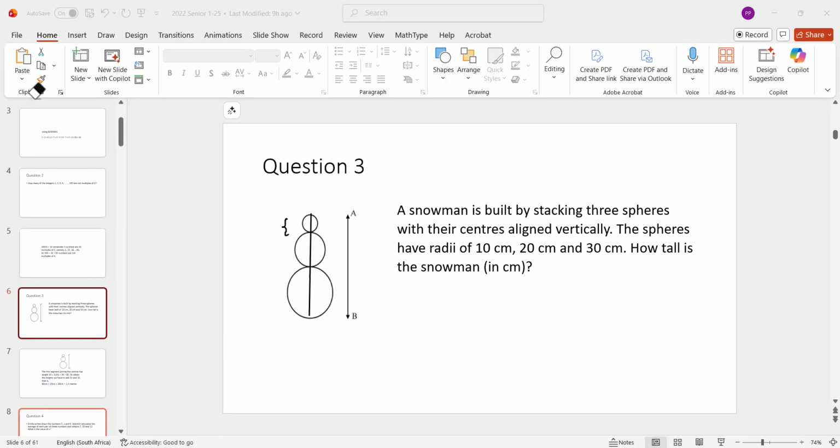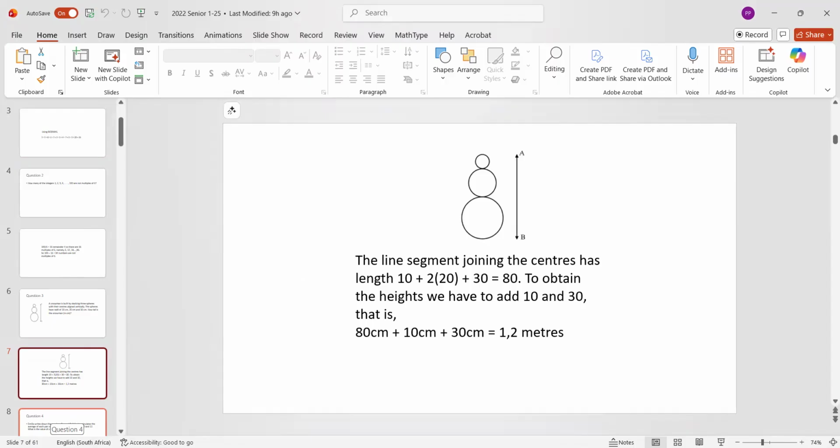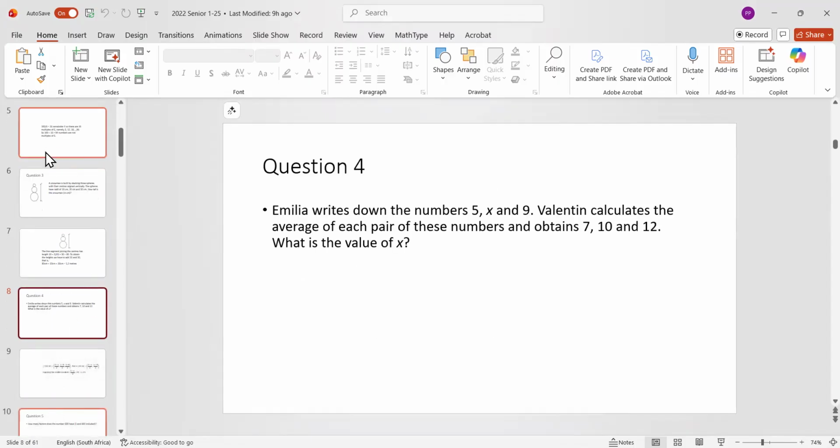So you can add up all the three, and the answer is quite obvious. Or otherwise, you simply add these three and multiply by 2. That's 60. The answer is 120 centimeters, which is 1.2 meters. Okay, that's straightforward. As you can see, the answer is 1.2 meters.